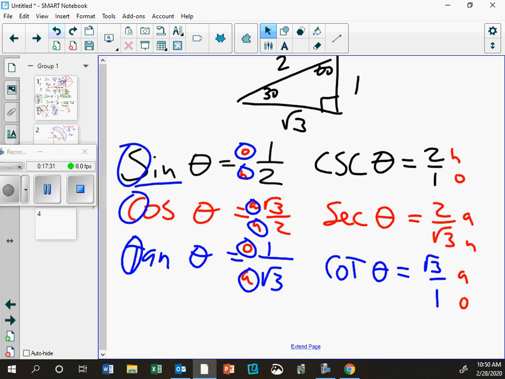Here we always had 3 different letters, S, C, and T. Okay, but here we have C, S, and another C. So it'd be really hard to keep them straight. So it's not like I'm going to have to fight too hard on this, but I would not recommend memorizing CHO SHA CAO because it doesn't actually work that well because you got 2 C's. Can't tell if it's cosecant or cotangent. That's the CHO versus the CAO.